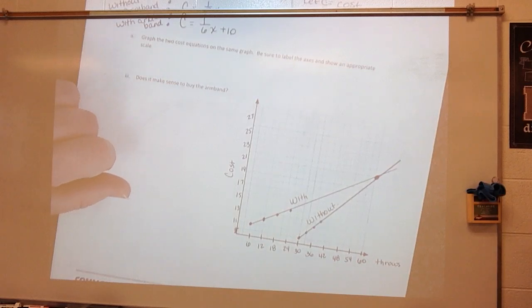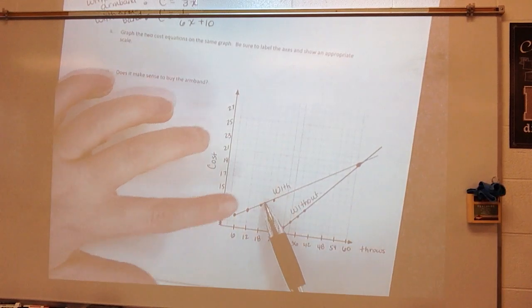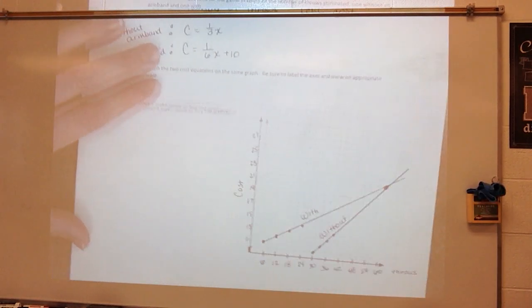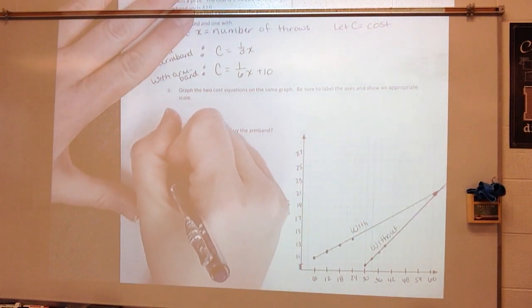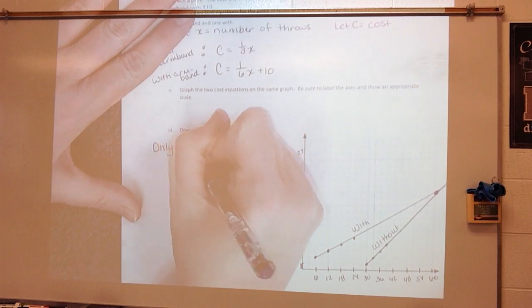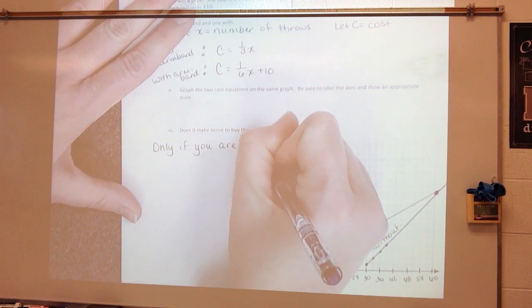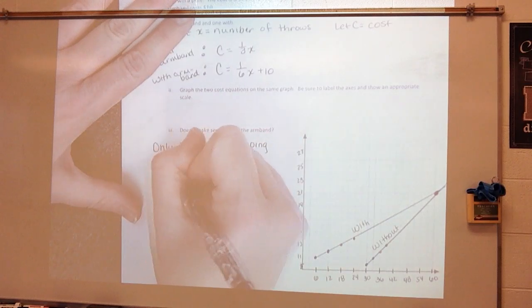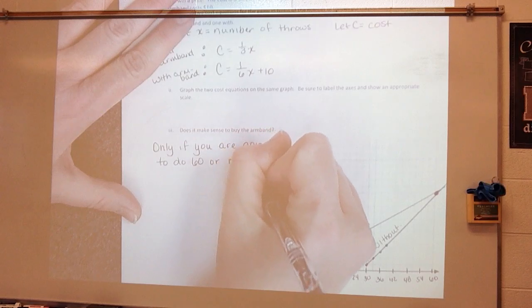The only way it's going to be cheaper for me to buy the armband is if I'm going to throw this ball 60 times or more, because with the armband, I'm going to pay more than I am without it. So does it make sense to buy the armband? Only if you are going to do 60 or more throws.